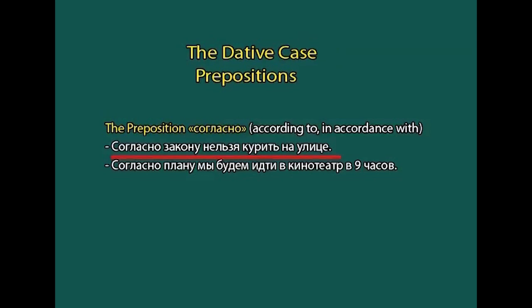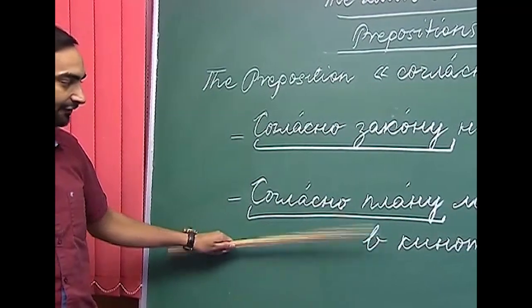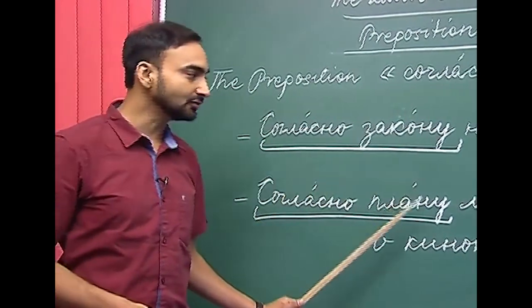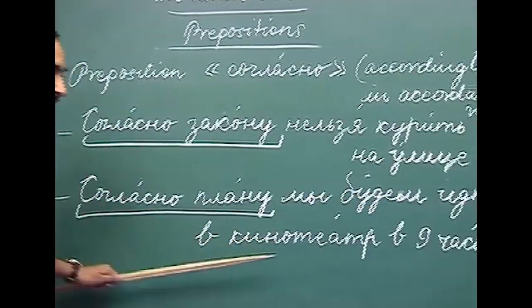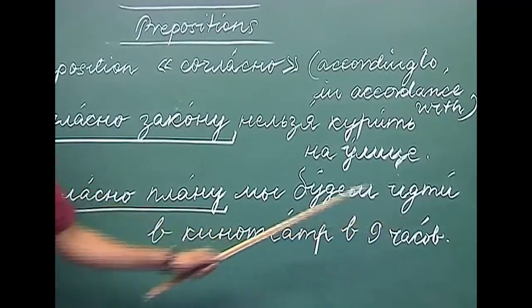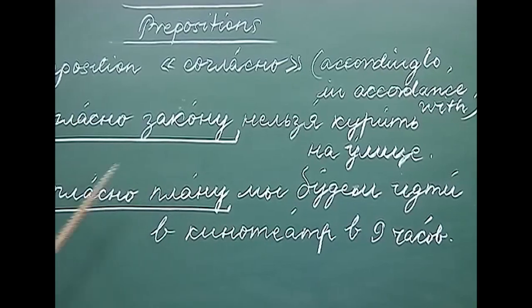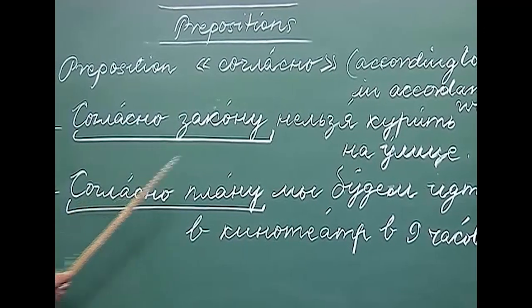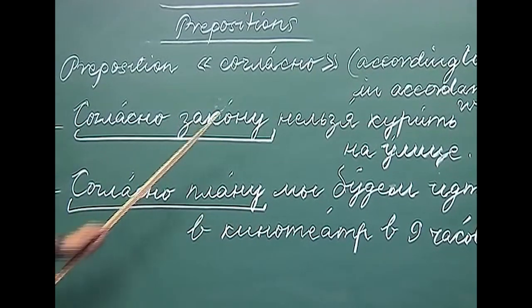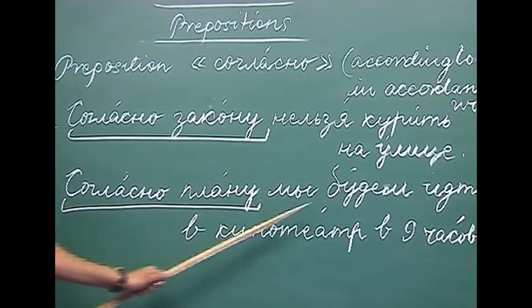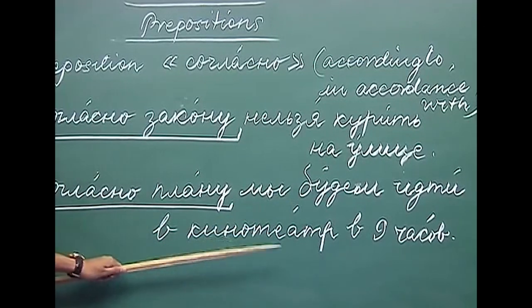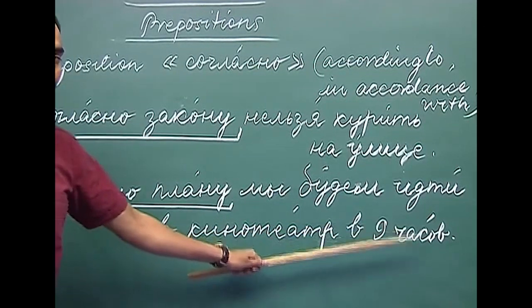Согласно закону. The next sentence we have is Согласно плану мы будем идти в кинотеатр в 9 часов. Согласно плану, as per the plan or in accordance with the plan, we will go to the movie theatre at 9 o'clock.